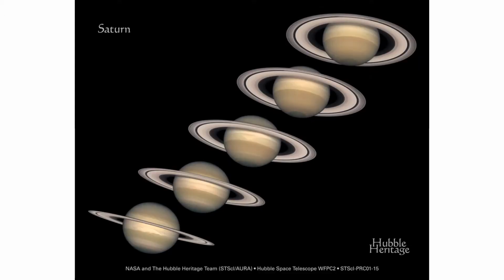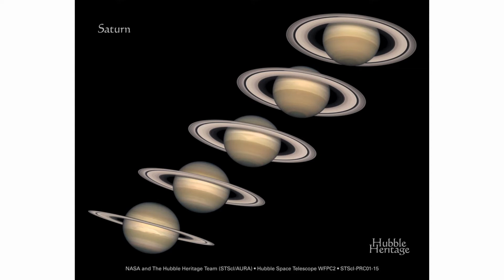Now we have here a series of images of Saturn made by the Hubble Space Telescope. It started in 2000, so the first one was in 2000, and then it did one a year. And if you look carefully at this picture, you'll be able to see a couple things.